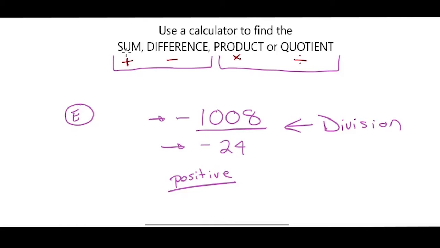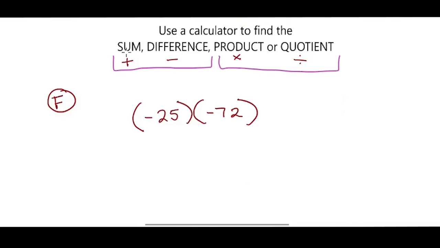So we could just enter this in the calculator as 1008 divided by 24. So if you punch into your calculator 1008 divided by 24, that's 42.